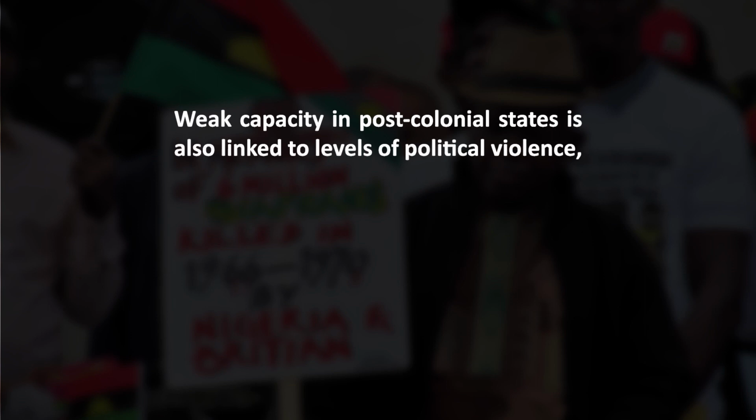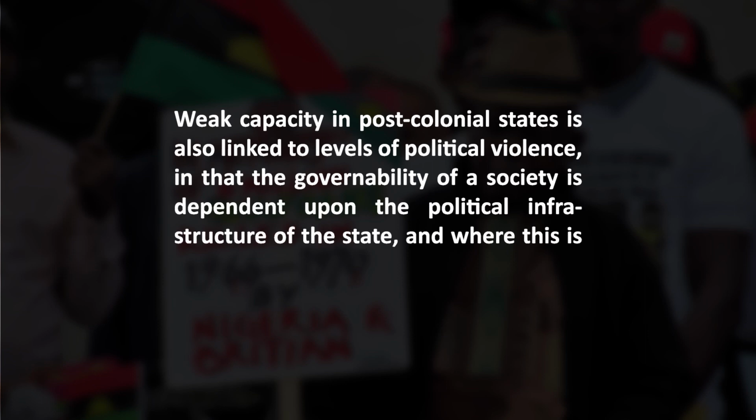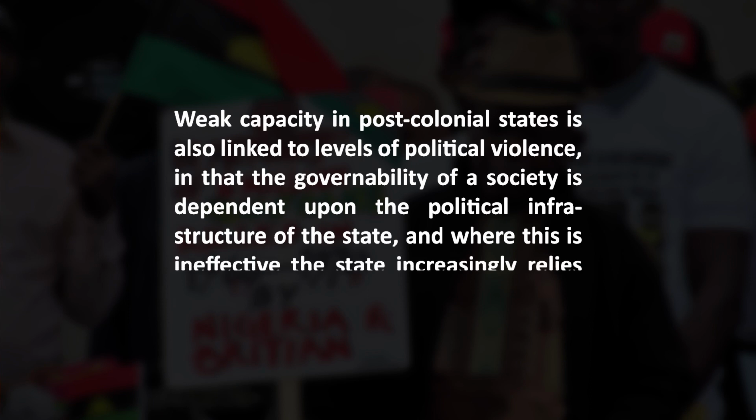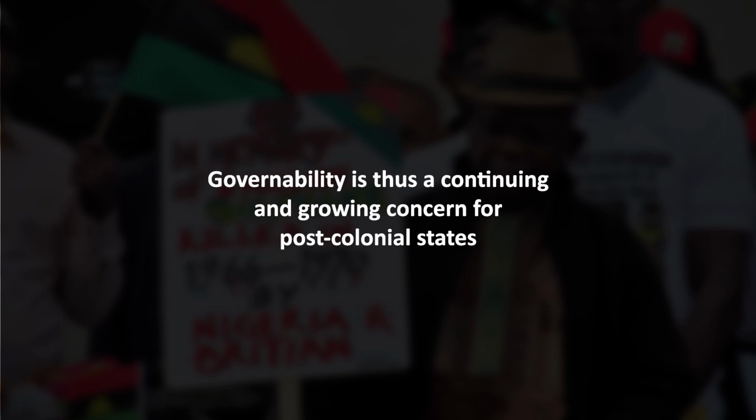Weak capacity in post-colonial states is also linked to levels of political violence, in that the governability of a society is dependent upon the political infrastructure of the state, and where this is ineffective, the state increasingly relies upon the use of violence. Governability is thus a continuing and growing concern for post-colonial states.